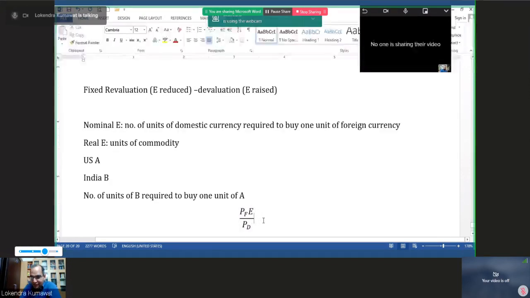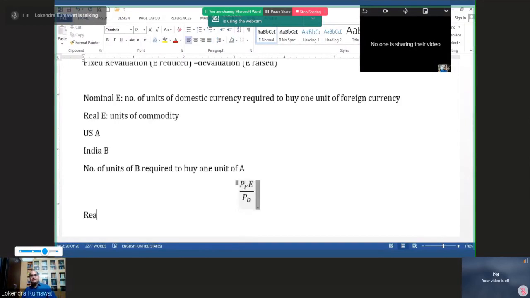If this ratio is high, that means the foreign commodity is more expensive compared to the Indian commodity. In that case, you will buy more of the Indian commodity than the foreign commodity. That means it will lead to lower imports. Similarly, foreign nationals will buy more of Indian goods. So let me call it Z, the real exchange rate.